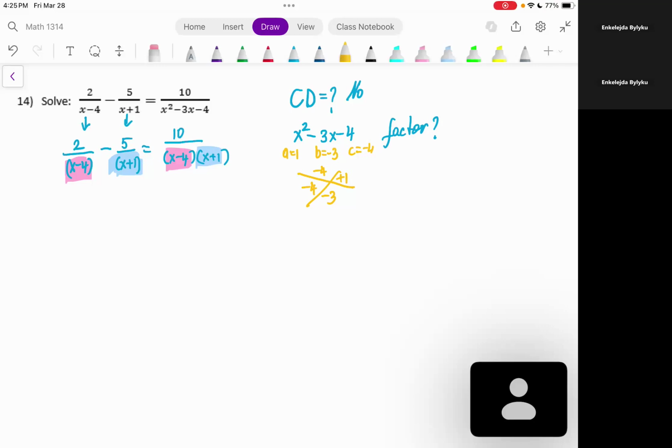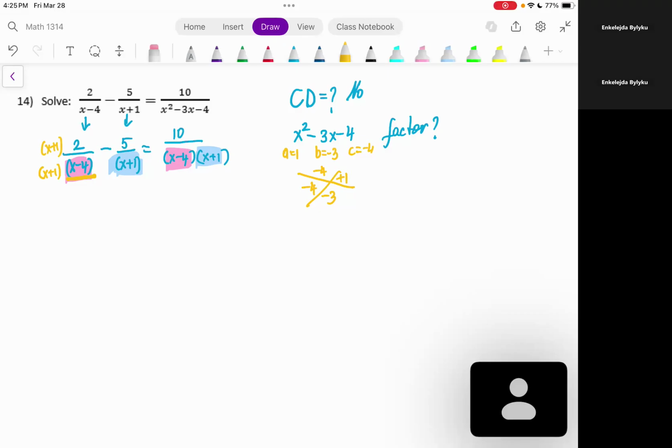Now, this process can be done many different ways. There is no right or wrong, and no better way. I'm just going to do it the same way I did it in class. We already have x minus 4 for the first term, but now we need an x plus 1 to have all fractional terms with the common denominator. I am going to multiply the numerator and the denominator by x plus 1. Remember, whatever we multiply the denominator by, we need to multiply the numerator by.